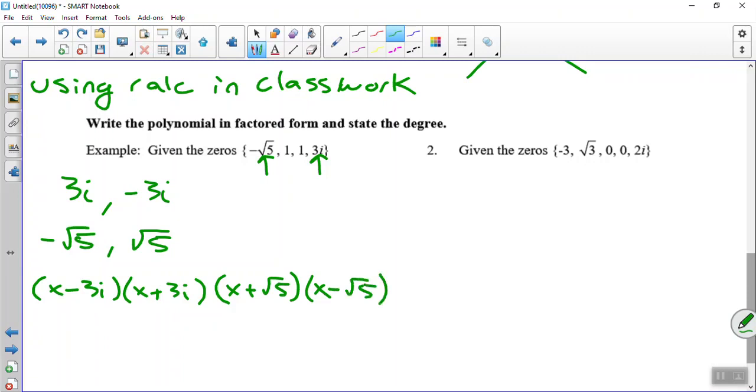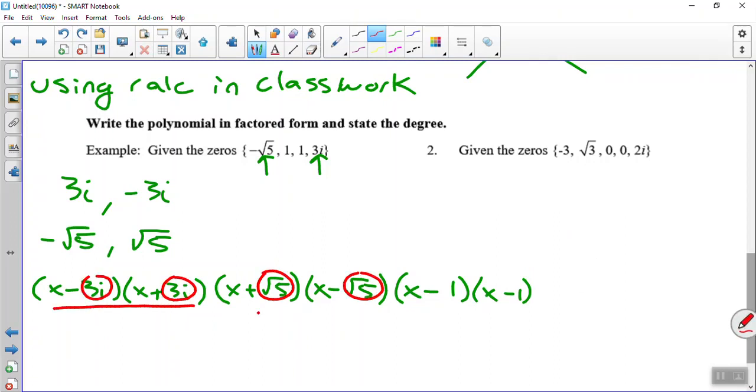And then this 1 happens twice. So it's x minus 1 times x minus 1. Whoops, I don't need that squared yet. So we're just doing this in factored form, but we don't want any radicals or i's. So we're just going to multiply these two together.